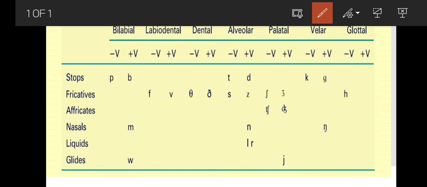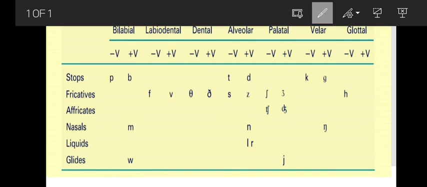Same with r. They are liquids because the air stream flows around your tongue, as the tip of the tongue makes contact with the middle of the alveolar ridge.